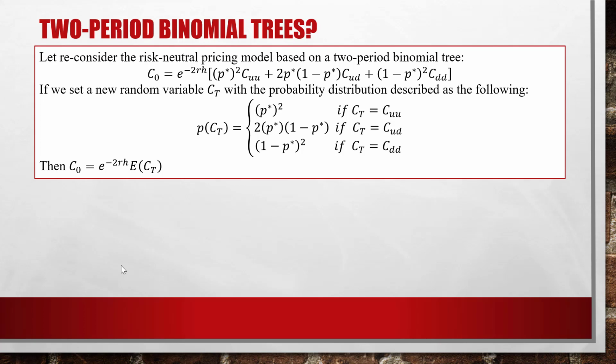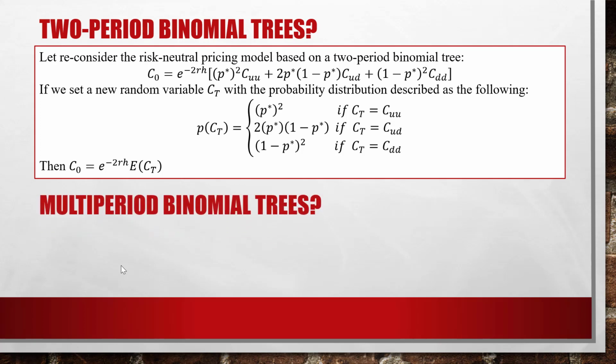So in this case, if we consider a new random variable Ct with the probability distribution described as follows: the probability of Ct is equal to p star squared if Ct is equal to Cuu, or 2 times p star times 1 minus p star if Ct is equal to Cud, or 1 minus p star whole squared if Ct is equal to Cdd, then the initial price C0 is equal to e to the minus 2rh times the expected value of Ct.